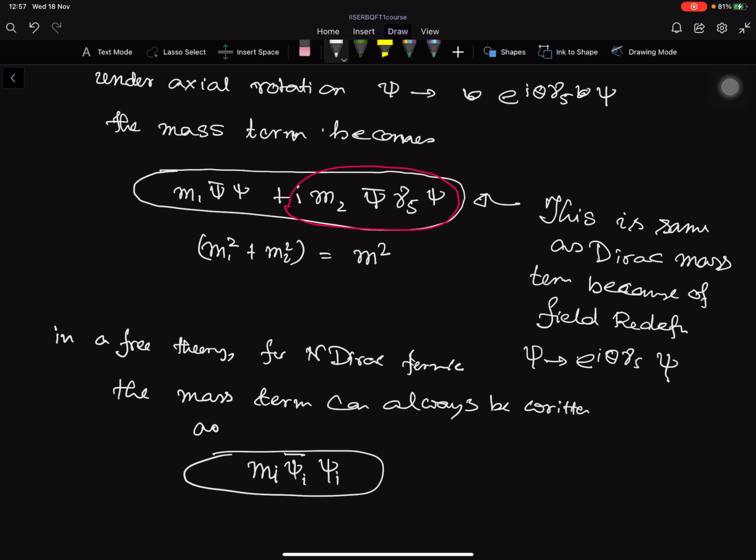So there is no off diagonal term, no phase, no gamma 5 term, because even if you write that, there is always some field redefinition symmetry using which I can bring it to the canonical mass term. This concludes our discussion of the action in the 4 component notation. Next time we will discuss the Dirac equation and its solution and various physical consequences.